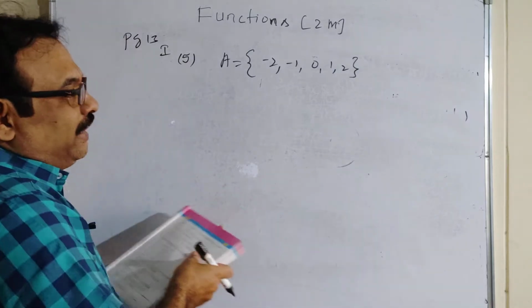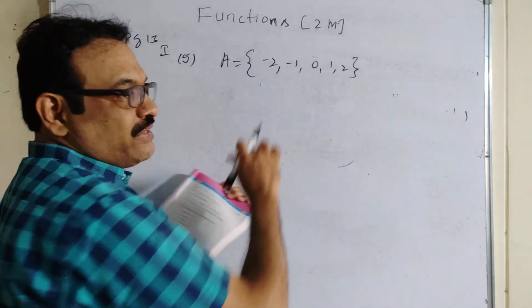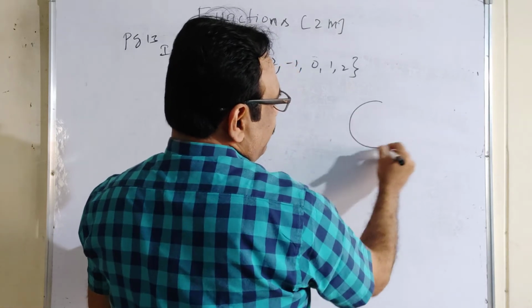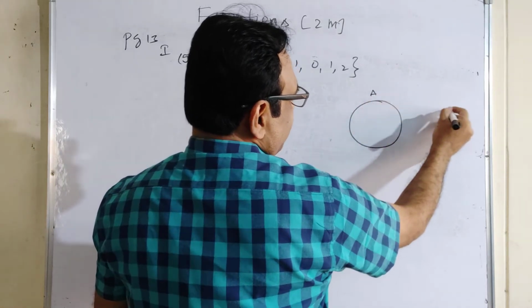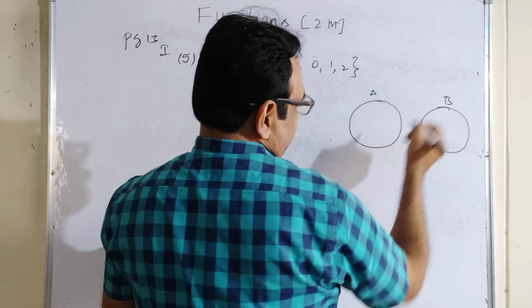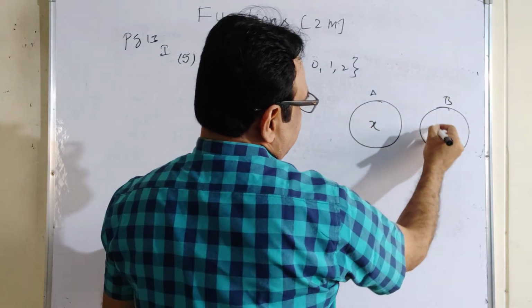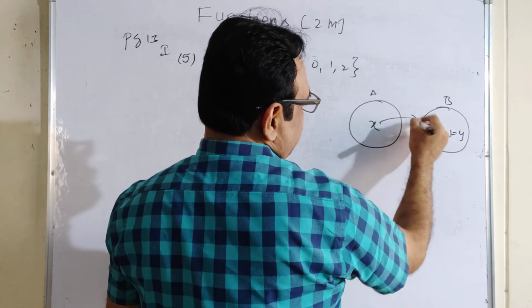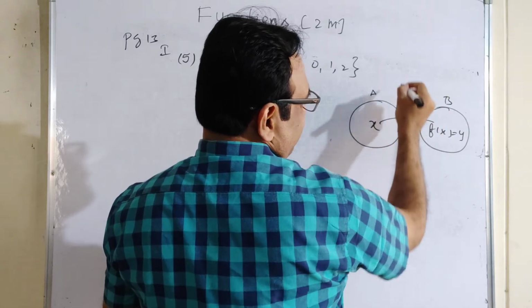As I know, these are called x values. Now simply remember this diagram, wherein you can understand the surjection part. This is set A, this is set B, this is x, and this is f of x, which will be called y, and f is a function.